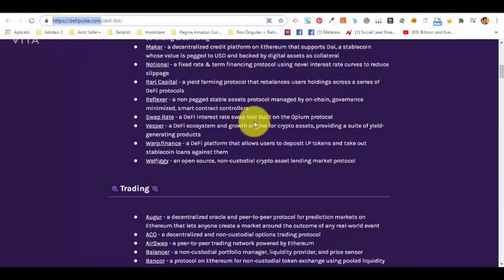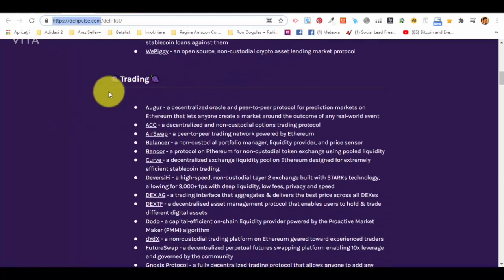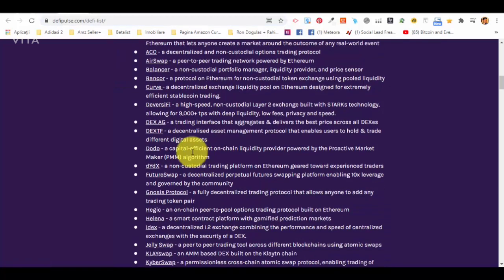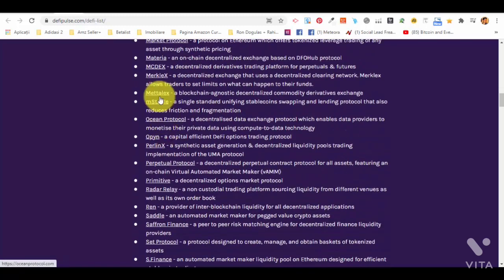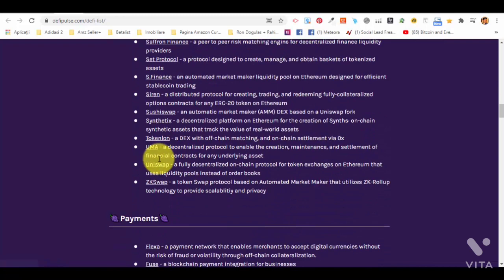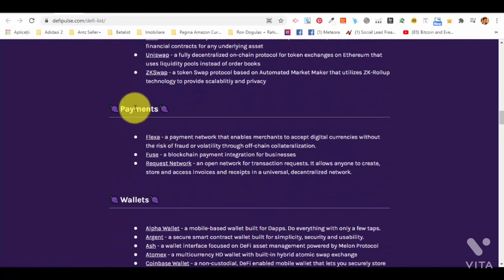DFIPulse.com is the platform where you want to go. We have decentralized finance for trading: Balancer, for example, which is a pretty cool platform, Dodo, which is growing a lot from what we know lately, and others as well. Then let's scroll down a little bit.